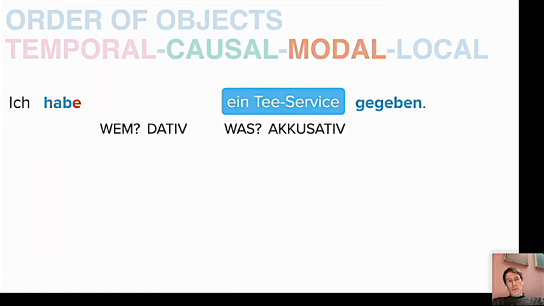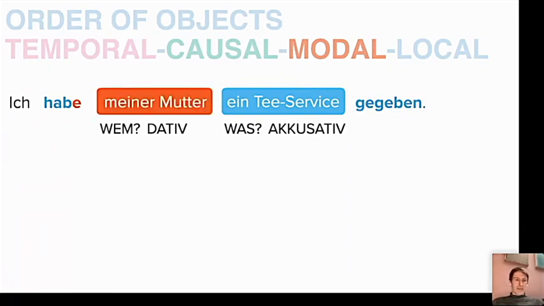The problem is whom is not only reserved for the dative in English, it might also address a German accusative. So the translation doesn't help you much. Let's say meiner Mutter. If you have some experience with dative, you can see that even though it's feminine, die Mutter, it ends in er, der Mutter, it's dative.